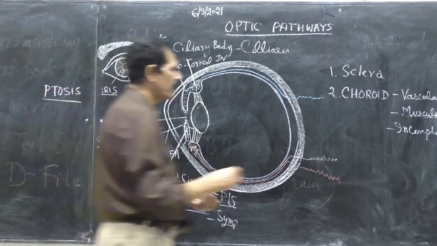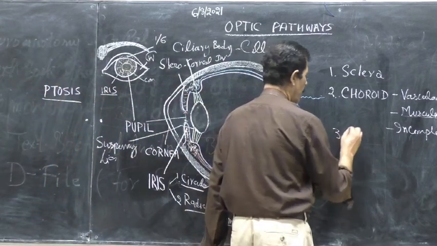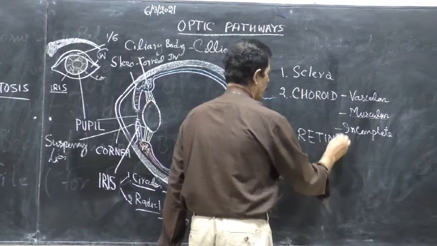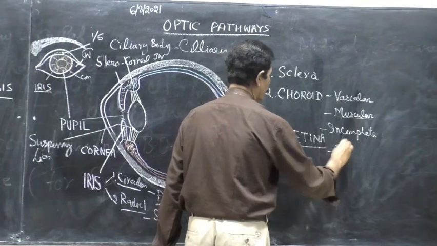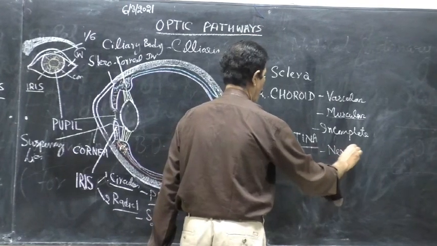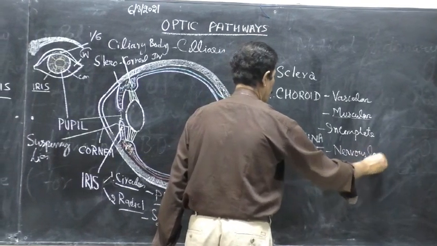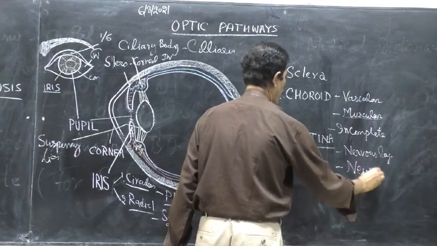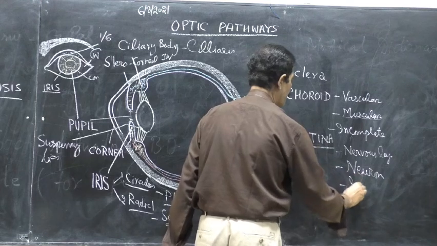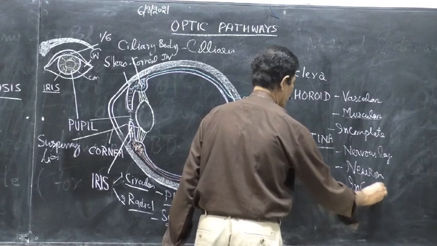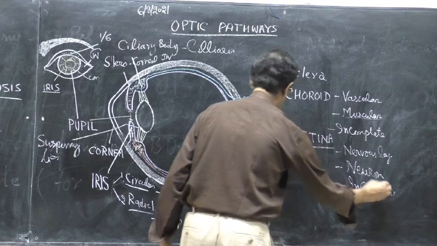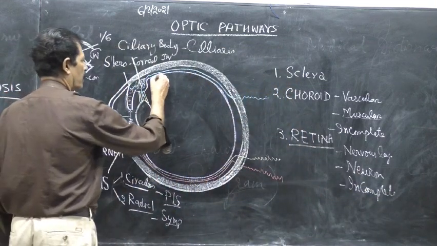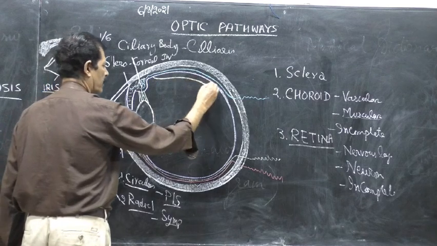The innermost layer of the eye is the retina. Now the retina is a nervous layer. It is made up of neurons, and it is also an incomplete layer. So it ends here.